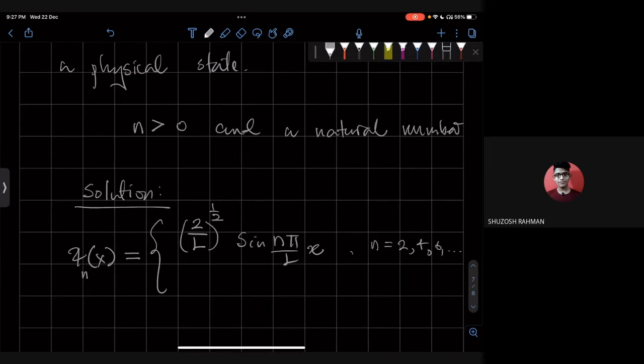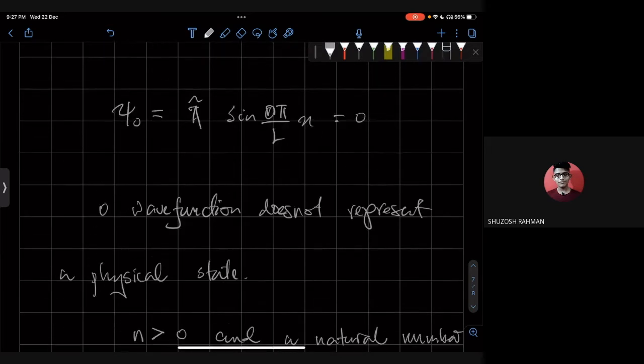On the other hand, we have the square root of 2 over L times cosine of n pi over L times x, and here n is going to be 1, 3, 5, and so on. Okay?